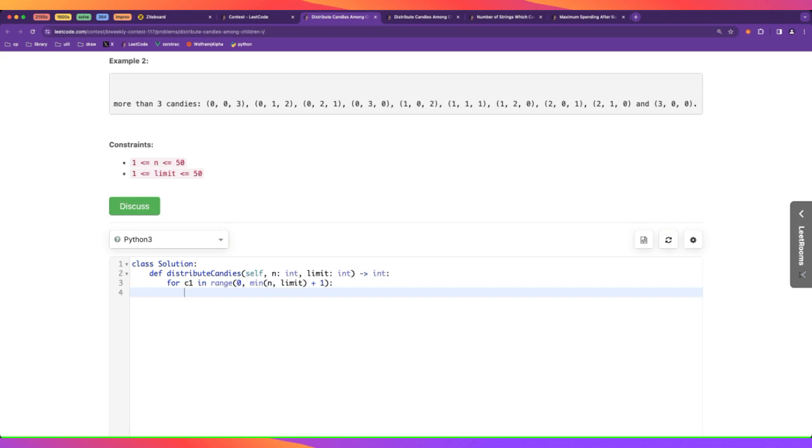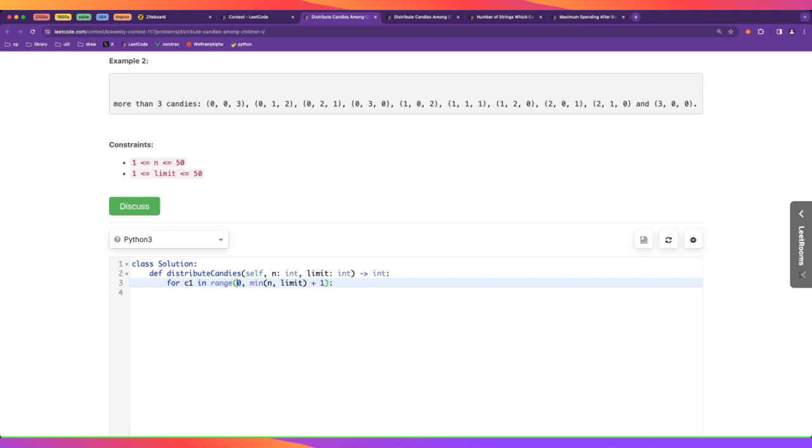Now we have a specific value of C1 that we want to consider. Even though this range is potentially valid, it could be that it is not. For example, if we give 0 to the first child, then maybe we have too many for the other 2 children.